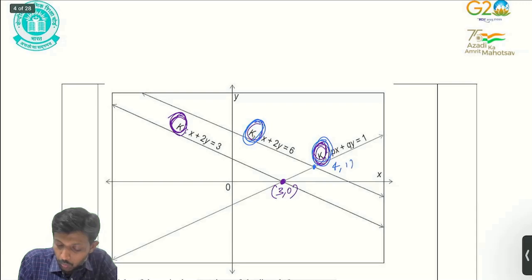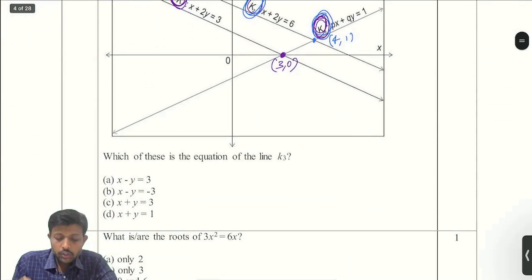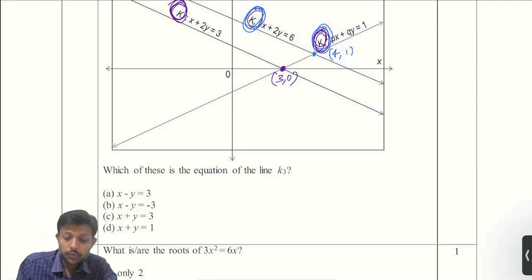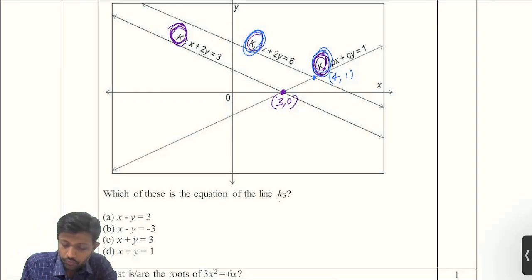What do we have to find out? Which of these is the equation of the line K3? Okay, we have to identify the equation of K3.